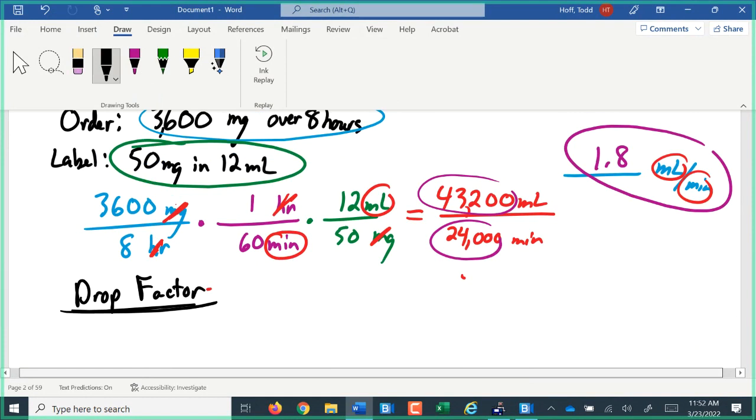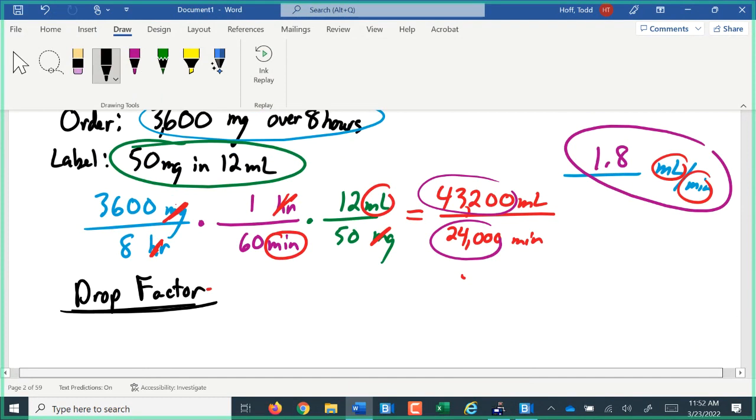Drop factor really just goes off of the viscosity. Viscosity means thickness, but it's more than just thickness, it's the thickness and surface tension of a fluid. In other words, if you put it in an eyedropper and you squeeze it till a drop comes out, it's literally how much fluid is in that drop.